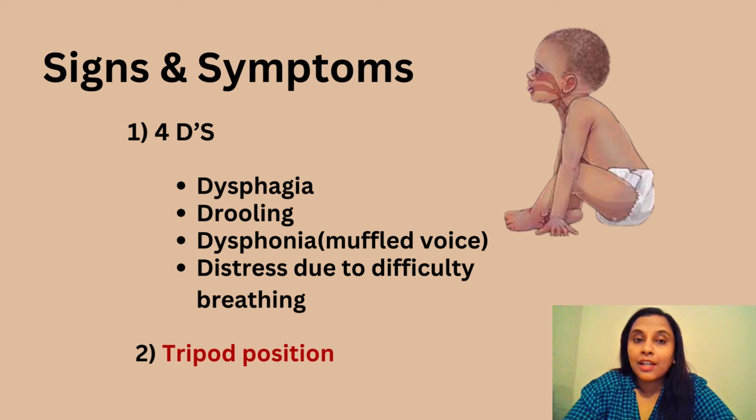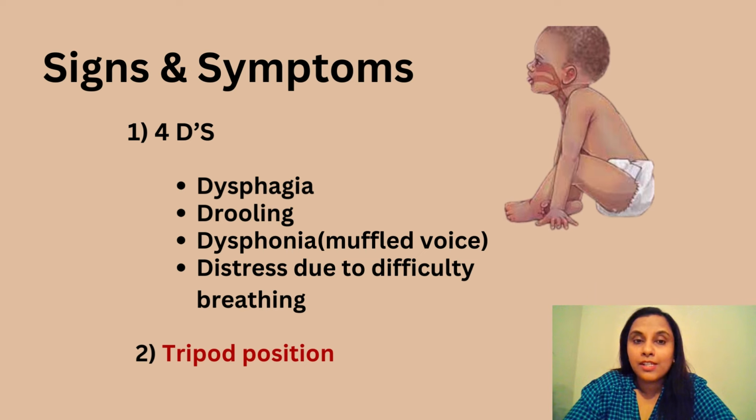And the next characteristic or classical symptom of epiglottitis is tripod position. If you see in the picture there, the child is sitting, leaning forward, supporting his arms on where he is sitting. That means the child is having difficulty in breathing. There will be chest retractions, nasal flaring. These all indicate respiratory distress.